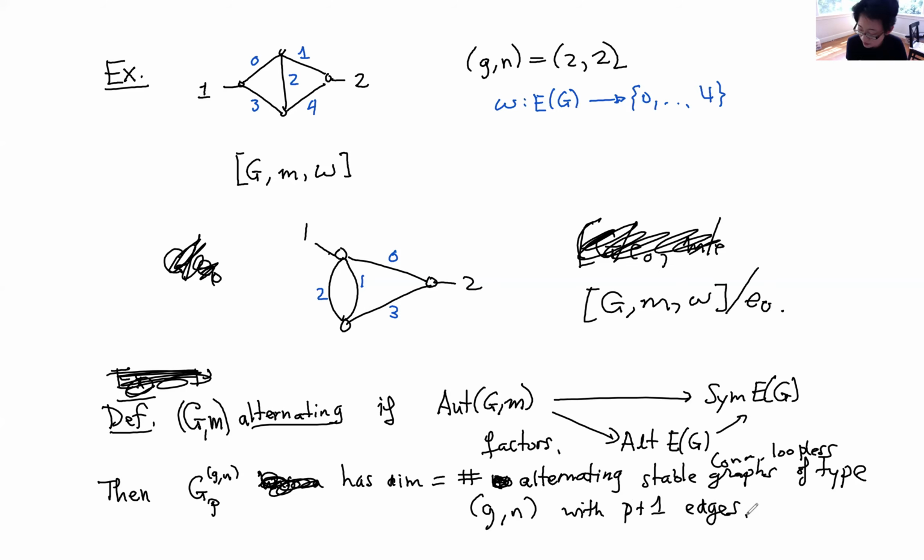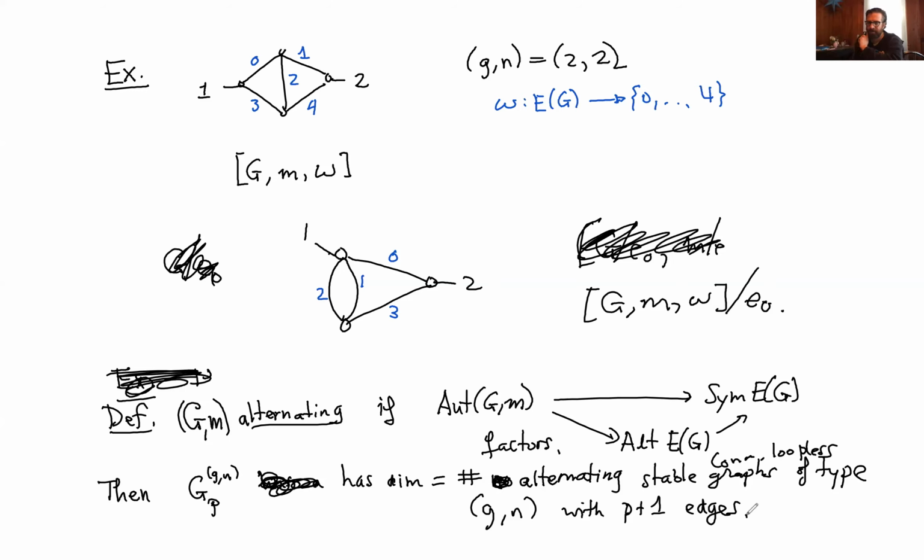This is a finite number, which is a corollary of the previous assertion that there are only finitely many isomorphism classes. This will be explored more in the exercise session tomorrow.